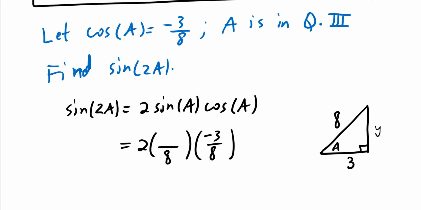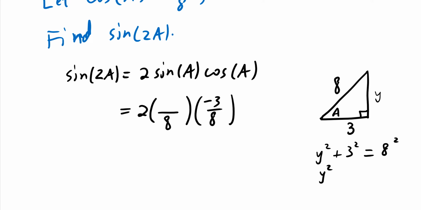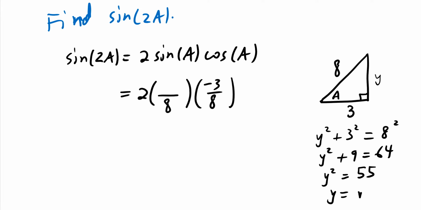Call this y or something. So y squared plus 3 squared is 8 squared. y squared plus 9 is 64. Subtract 9 on both sides, that gives us 55. So y is the square root of 55. So sine is the opposite over the hypotenuse.